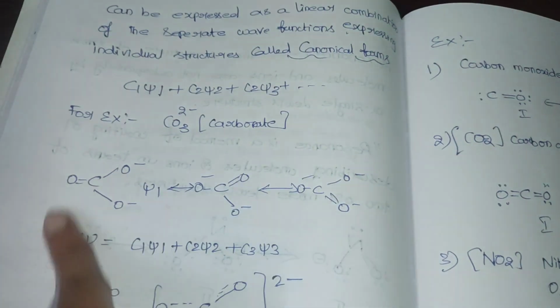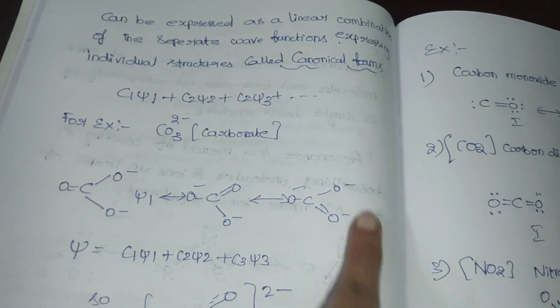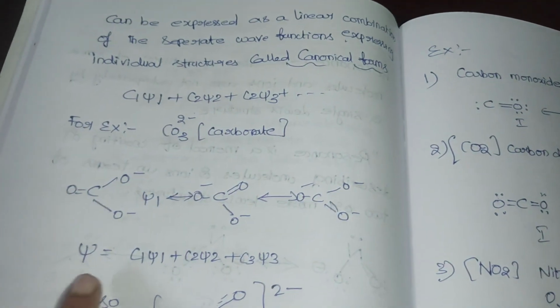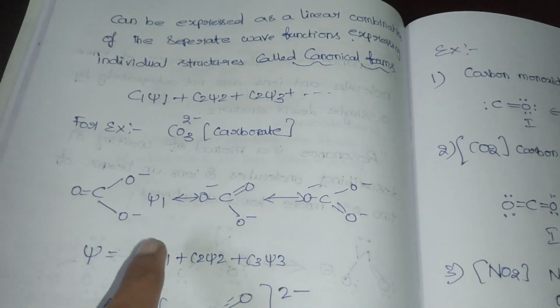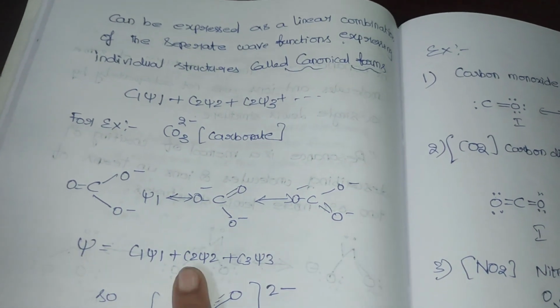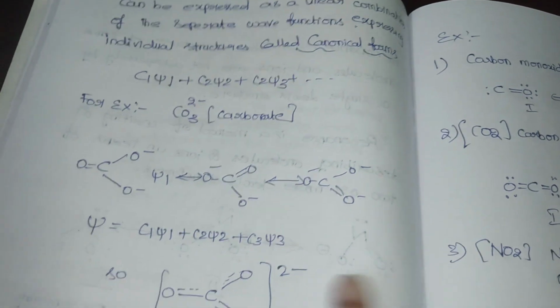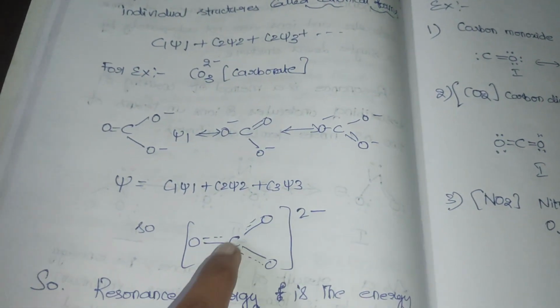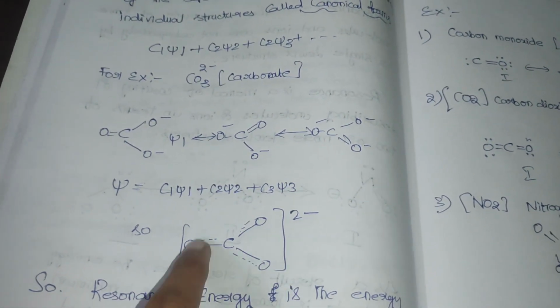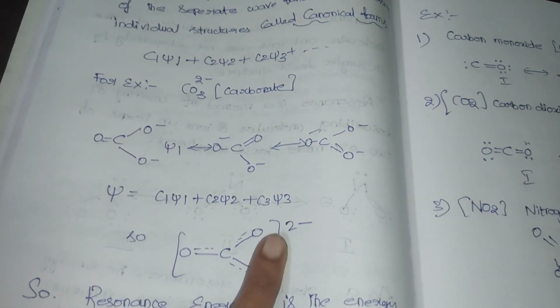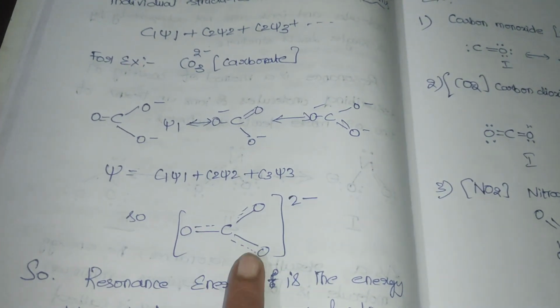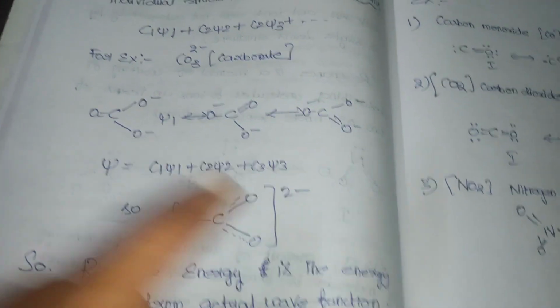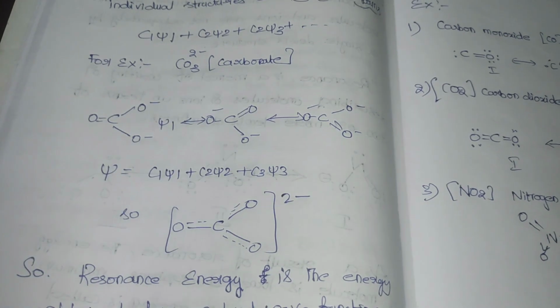The linear combination of all of these is Psi equals C1 Psi1 plus C2 Psi2 plus C3 Psi3. So the bond is rotating around these three forms. This is the resonance structure, a linear combination of these structures.